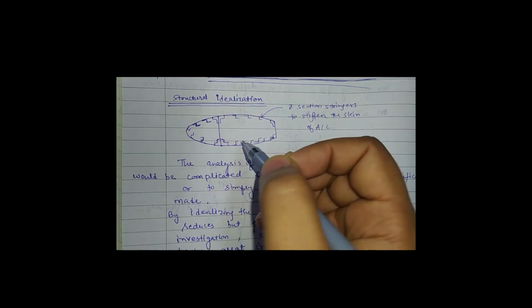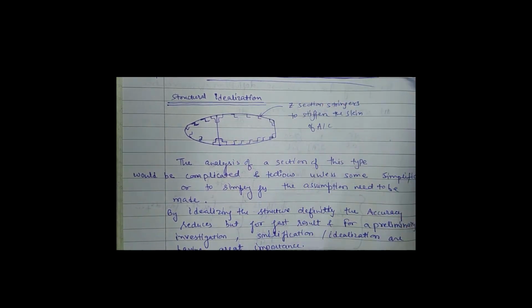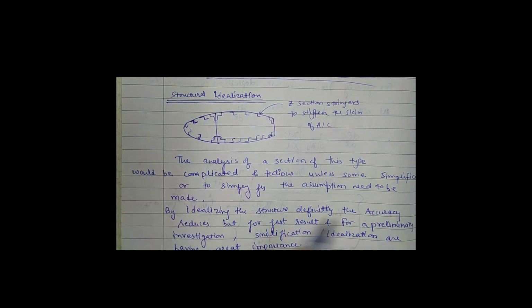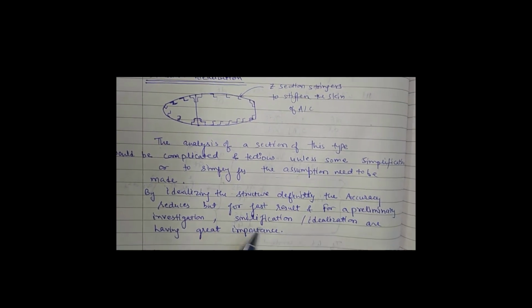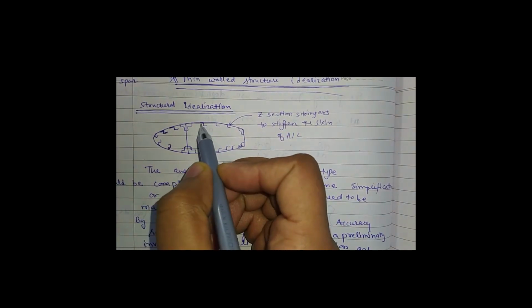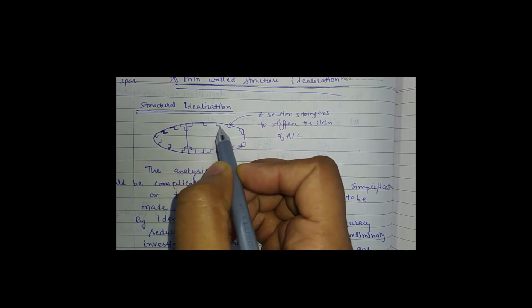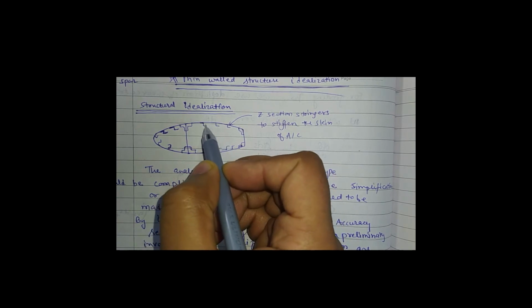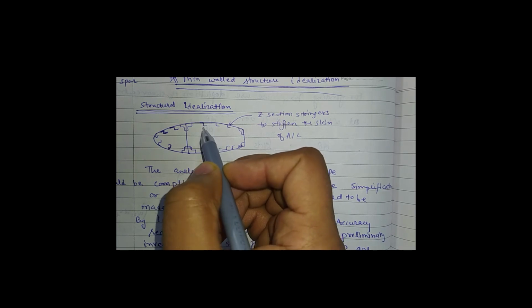To give a fast result for our preliminary investigation, simplification and idealization are of great importance. So instead of solving the stresses on these stiffeners, we combine the area of these stiffeners and call them a boom.